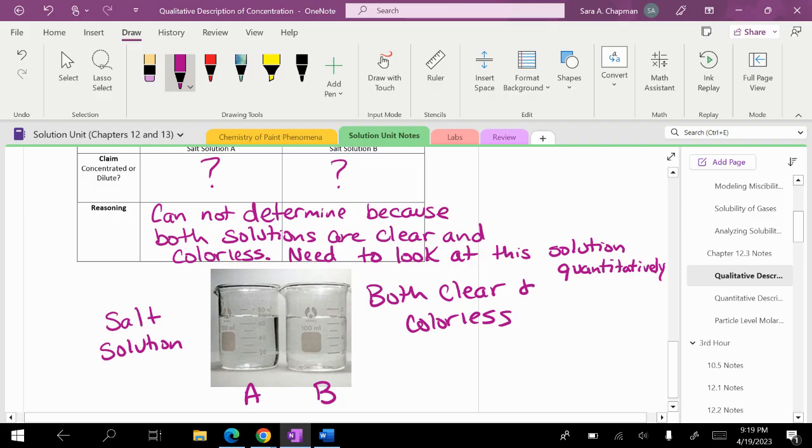So we would need to look at these two solutions and measure how many moles of, if this is sodium chloride, how many moles of sodium chloride there are per liter of solution to find the molarity. And that is something we will do tomorrow.